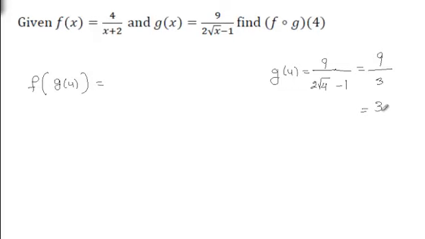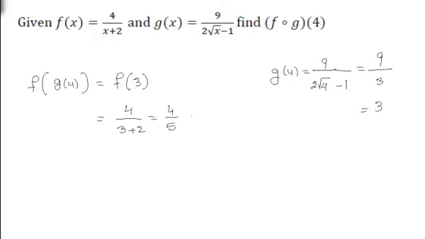So you see now it becomes easier and more simple. So g of 4 is 3. We go for g of 4 and we represent it by 3. It's equal to f of 3, which is equal to, let's go for the f and replace x by 3. So you get 4 over 3 plus 2, which is equal to 4 over 5.